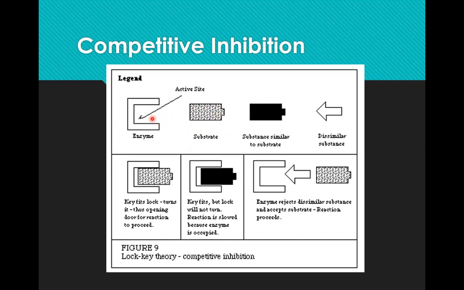If this one ends up in the active site, the chemical reaction doesn't occur, and now the enzyme is bound up and can't do any other chemical reactions. This is what's known as competitive inhibition. In order for this protein to actually do the reaction again, we would have to remove the substance that's blocking it and allow the entry of the material we do want to happen.